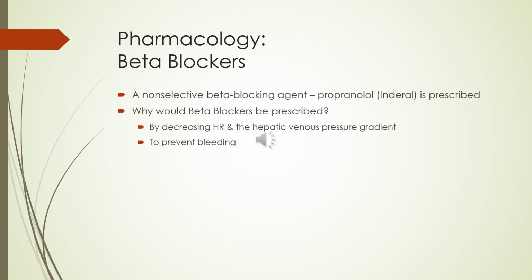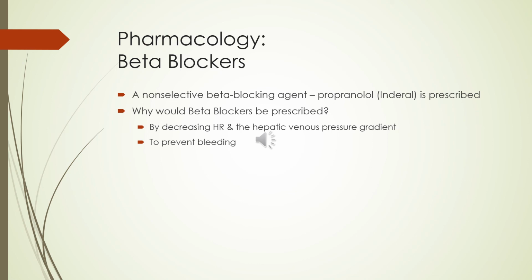A medication that we would not necessarily think of treating our patients with liver problems with would be beta blockers. We would be looking at non-selective beta blocker agents such as propranolol that may be prescribed. And again, ask yourself why.